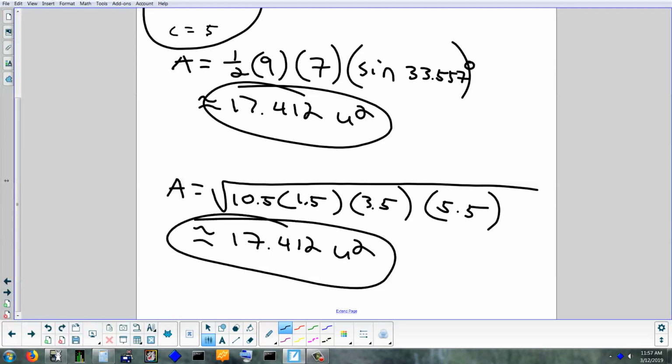So if you have to find the area of a triangle, do it either way. Whichever way you think is better for you. So that's where law of cosines could come in to finding the area of a triangle, finding an angle first. Okay. Any questions on that?